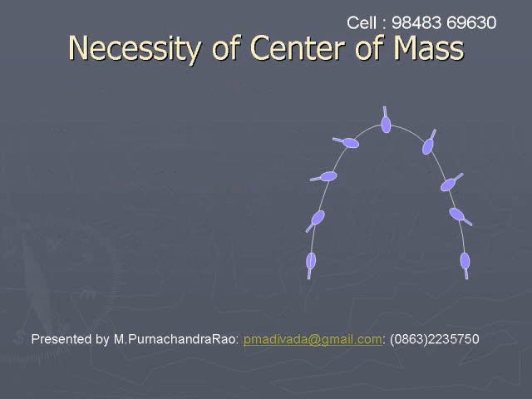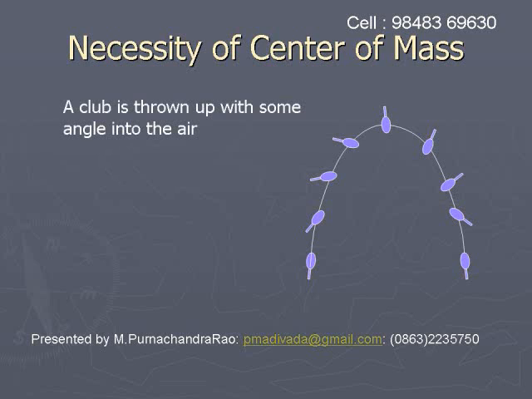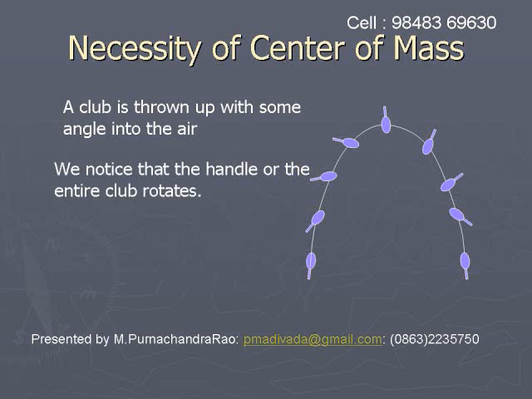Necessity of center of mass. Let us suppose a club, a table tennis bat, is thrown up into the air at some angle. The motion of such a bat is shown in the figure. We notice that the entire bat or club rotates as it moves up.